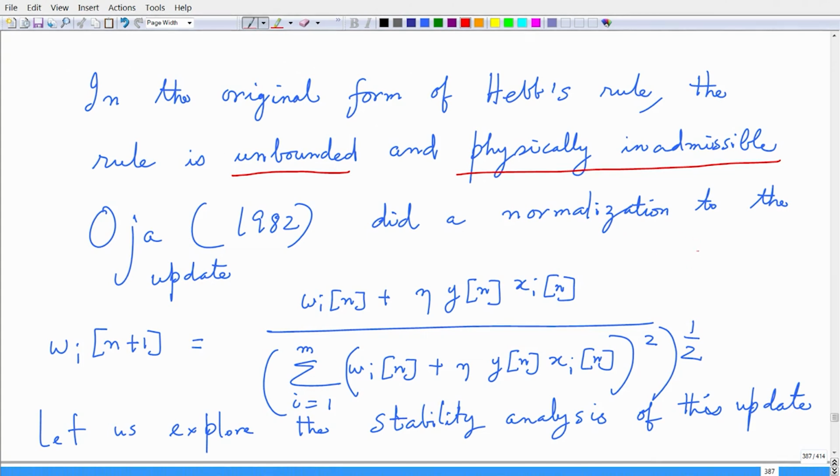So, I normalize this vector at time step n plus 1, and therefore every coordinate has this scale factor in the denominator, right, and I do the normalization in terms of the L2 norm, right. In the L2 norm sense, I do the normalization.